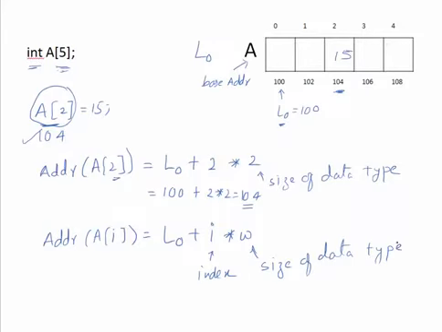If it is float in C language, it will be 4 bytes. If it is character, then it will be 1 byte. Depending on the data type, the value of W may change. So this is how the formula is written by the compiler. We write simply a of I or a of 2, anything, but it will be replaced by the formula using that particular index.